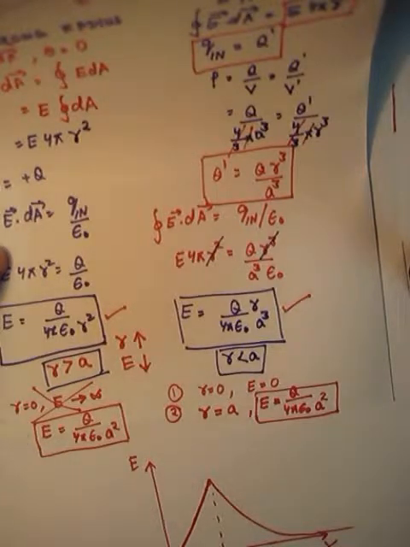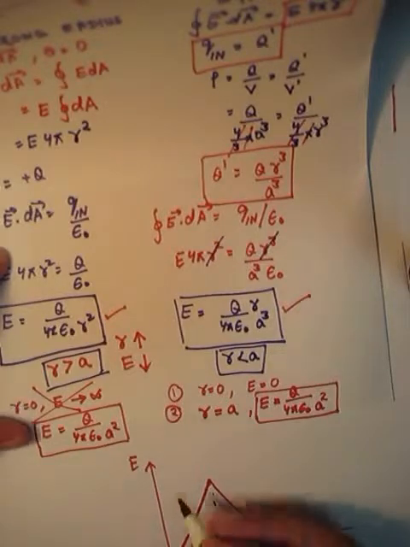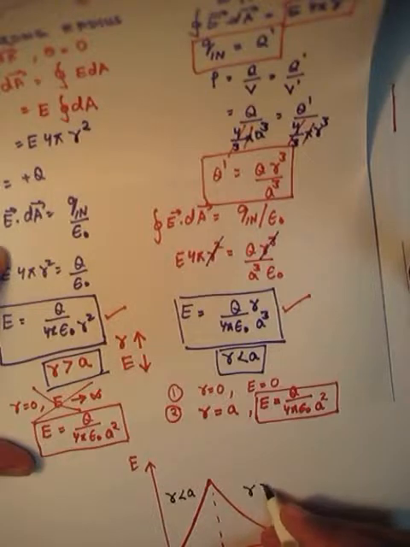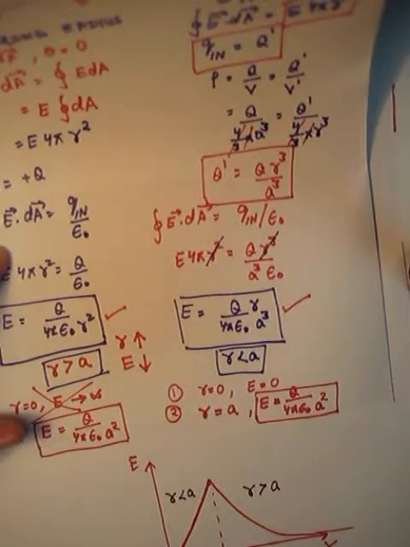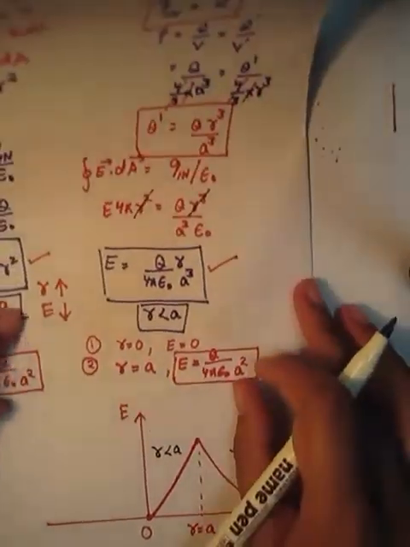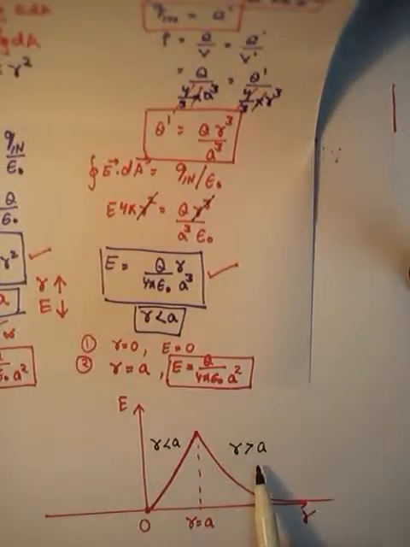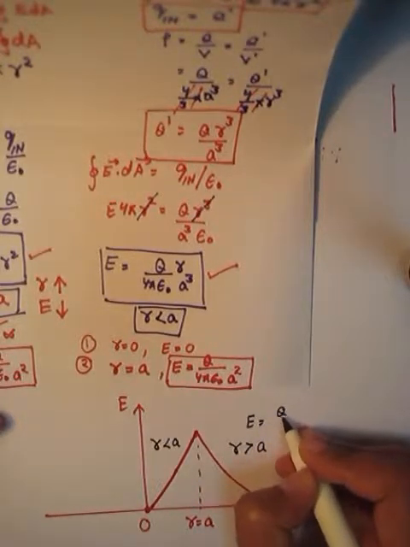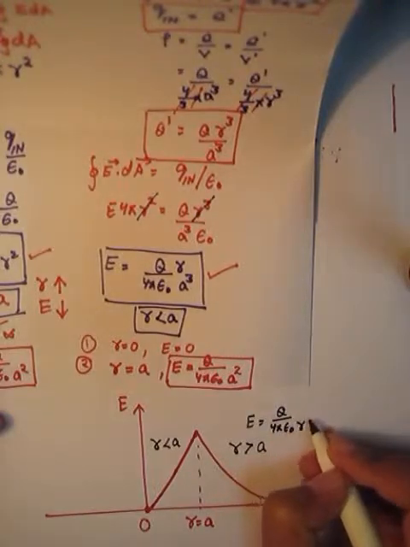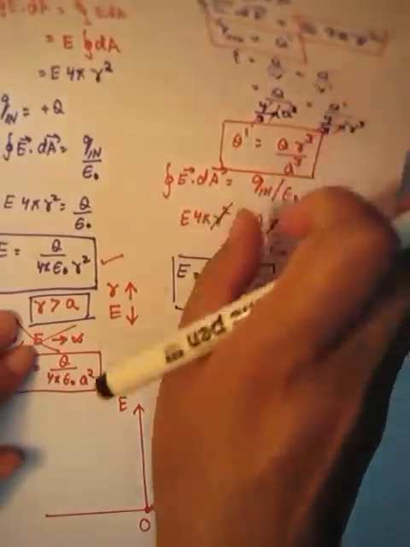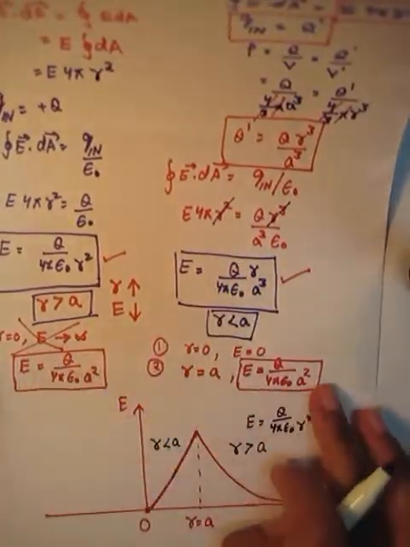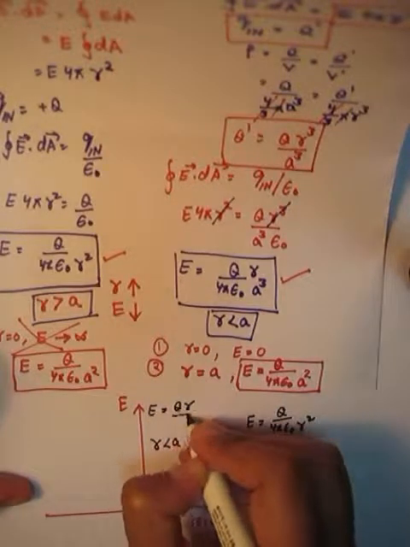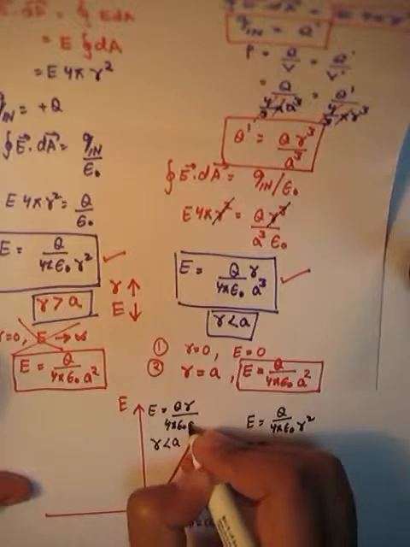So this is the situation where R is less than A, and here R is greater than A. So for R greater than A, electric field will be given by Q upon 4 pi epsilon naught R squared, which is this one. And for R less than A, electric field will be given by Q R divided by 4 pi epsilon naught A cube.